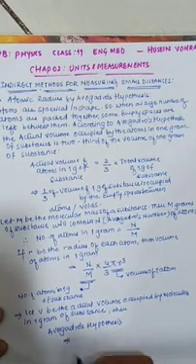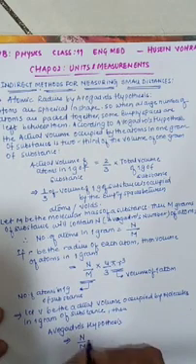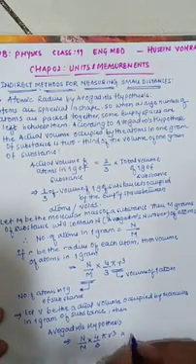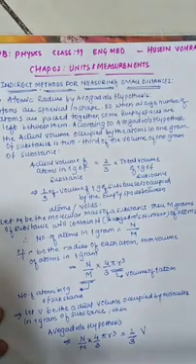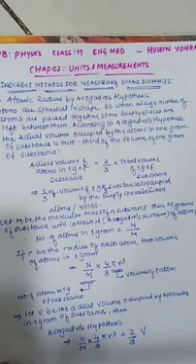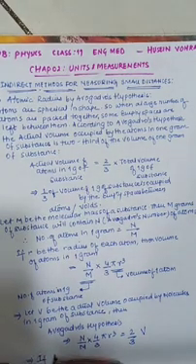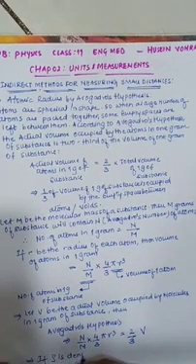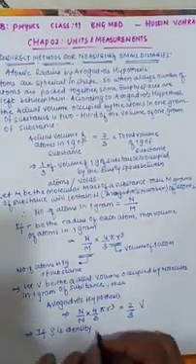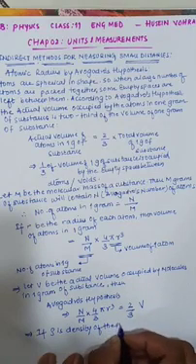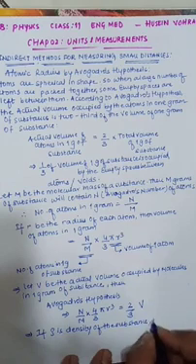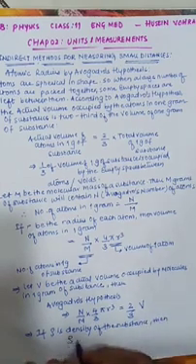Actual volume occupied by the atoms, N by M dot 4 by 3 pi r cube, is equal to 2/3 of its total volume V. Yes or no? 2/3 of its total volume V. Now we know that if rho is the density of the substance, then density is equal to what?